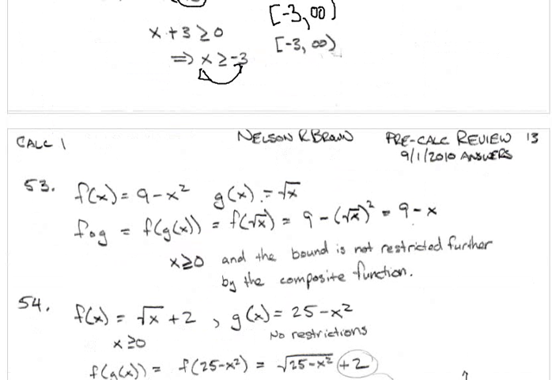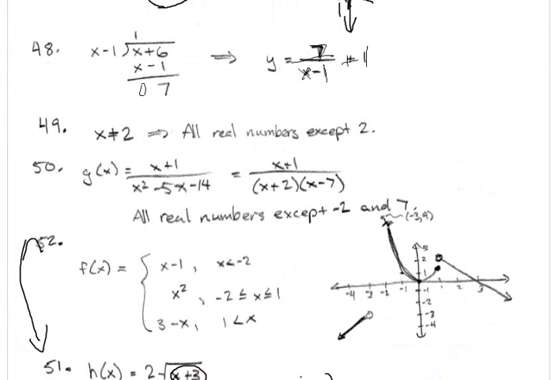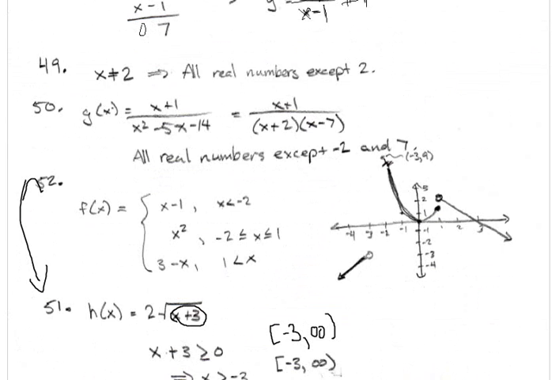Going down to number 53. Oh, nope, I'm sorry, let's not skip it. Number 52. For x less than negative 2, we plot x minus 1. We would know how to plot that linear function, but we would only plot it starting from right here.